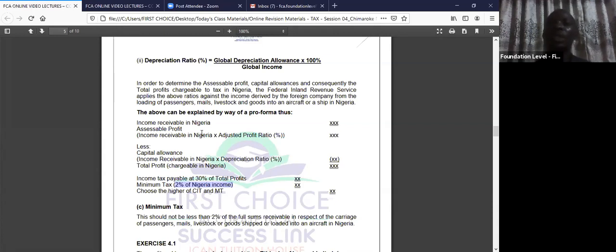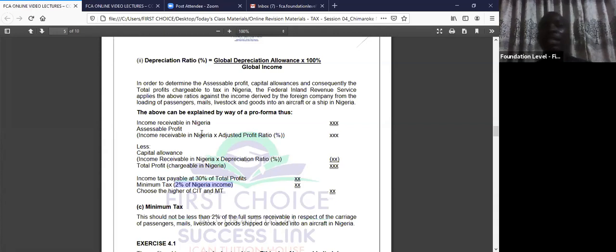Now, what about if you are in transit? Let's say you load from Senegal and you are going to United States. So Senegal is your originating point. United States is your terminating point. But for some reason, you had a stopover in Nigeria and you spent a night or perhaps a day.